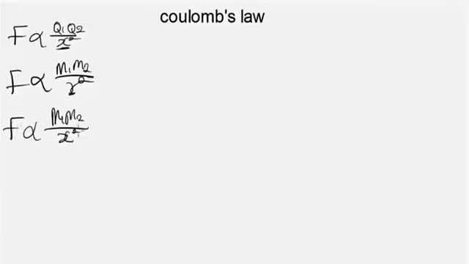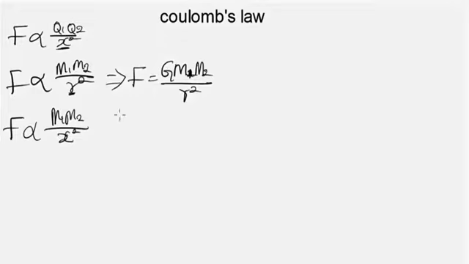Now we are trying to compare these two. Alright, so now I'll put this up as an equation. I'll have F equals G M1 M2 over R squared, where G is the universal gravitational constant.